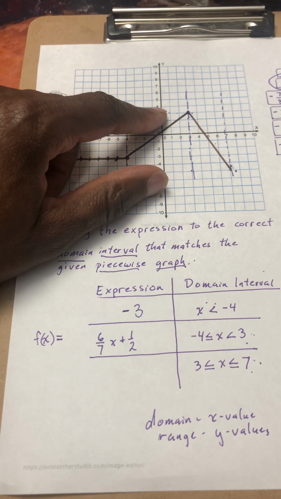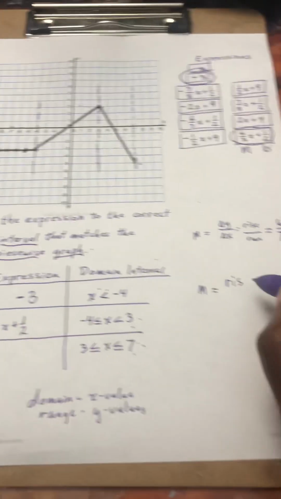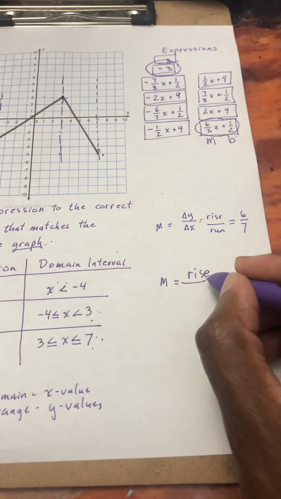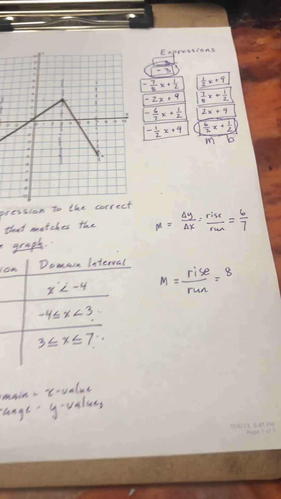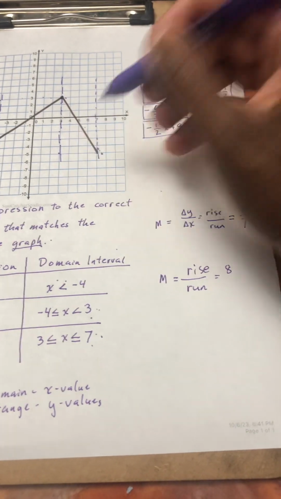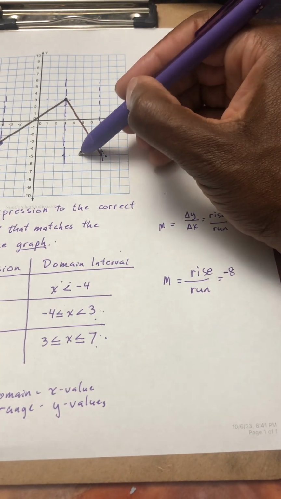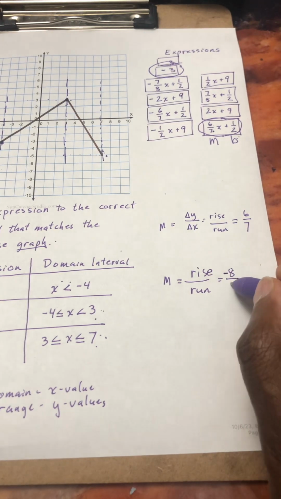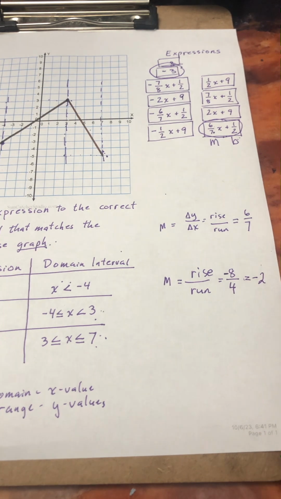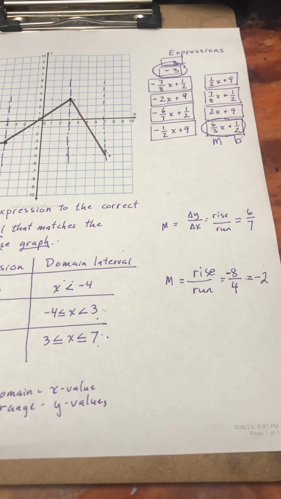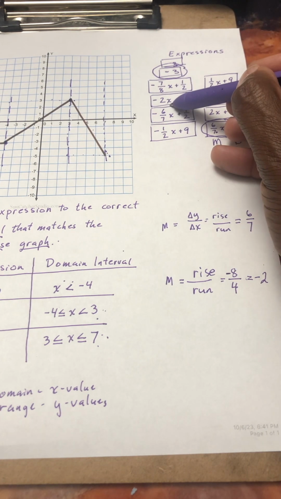So for the second one, m, which is rise over run, the rise is -8, and my run is 1, 2, 3, 4. So my run is 4. -8 divided by 4 means the slope is -2. Looking at my choices, I see that there is a -2x over here.